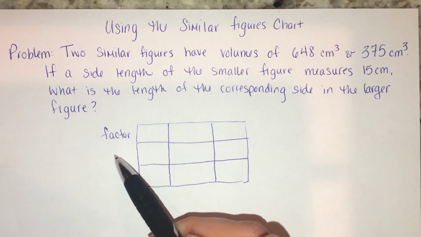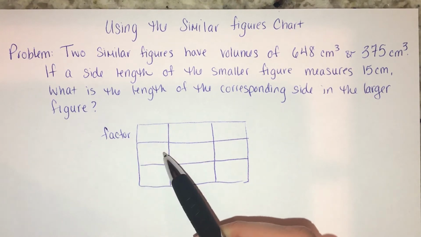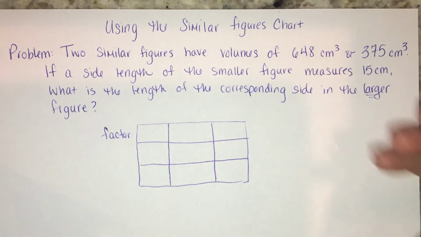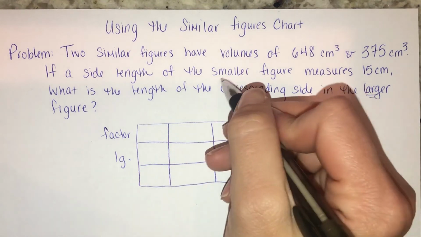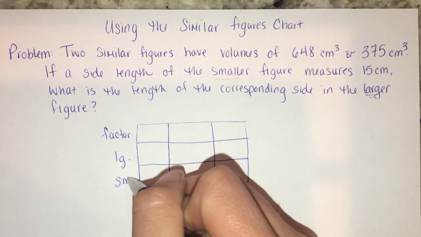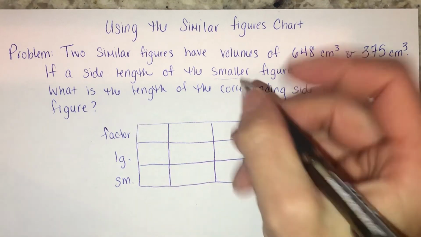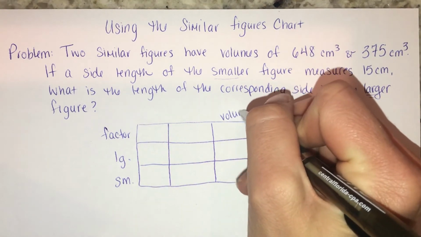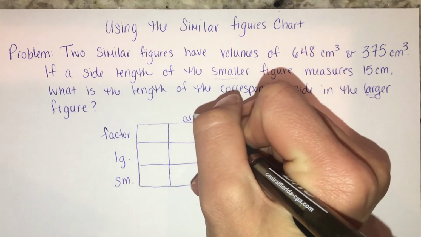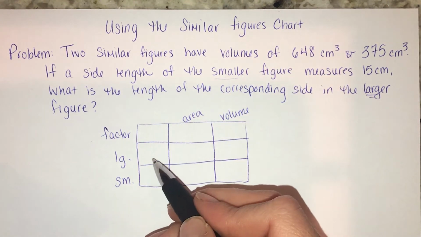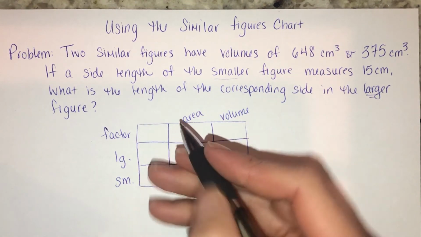The key is you always want to put the one you're solving for in the middle. So I'm solving for the larger one, so I'm going to put large in the middle, and then I know the smaller one, so I'm going to put small on the bottom. For these 3 columns, the last column is volume, the middle column is area, and the first column is basically any type of linear unit.